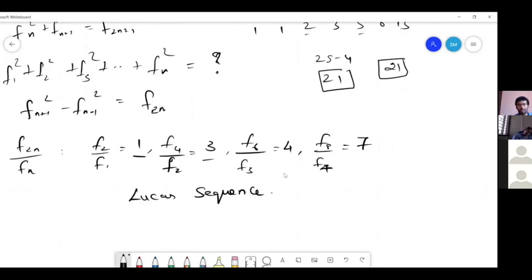There are still plenty more properties and directions to explore. For example, if you take F(3n) by F(n), what would you get? That is one question coming to my mind. Yeah, this is one track.